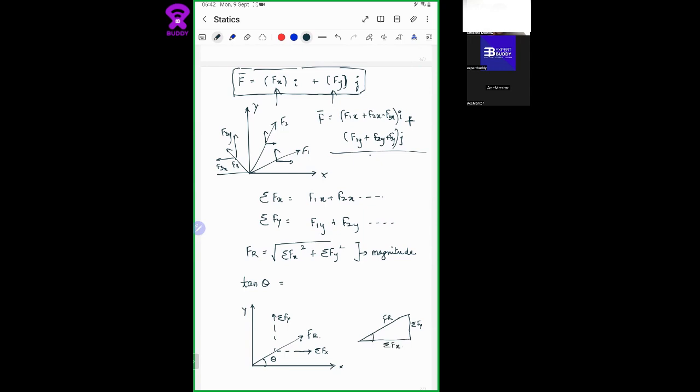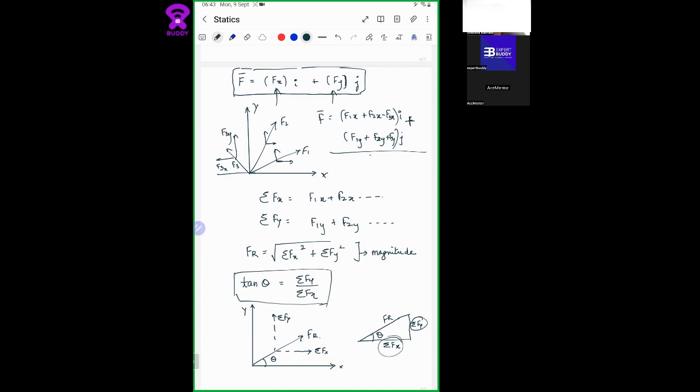So what do we do? You don't have a resultant here, so you can take the ratio of the opposite upon the adjacent, that is the summation of Fy upon the summation of Fx. This gives you the angle between the x-axis and the resultant.